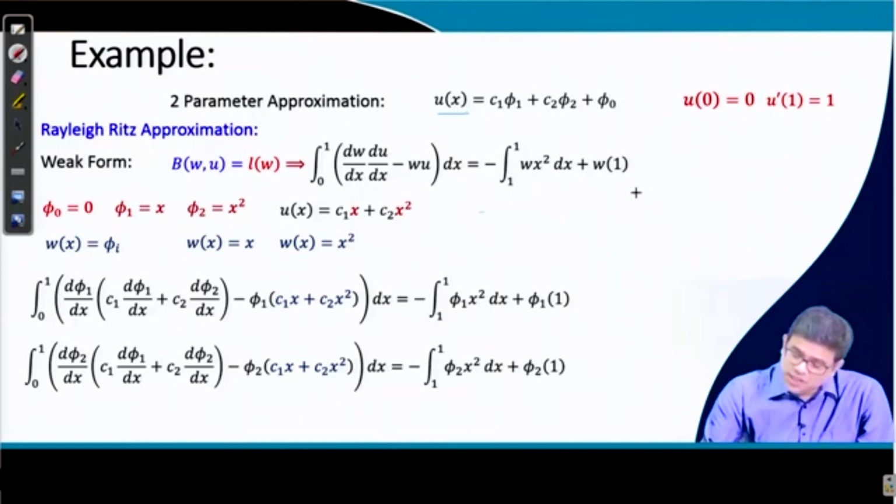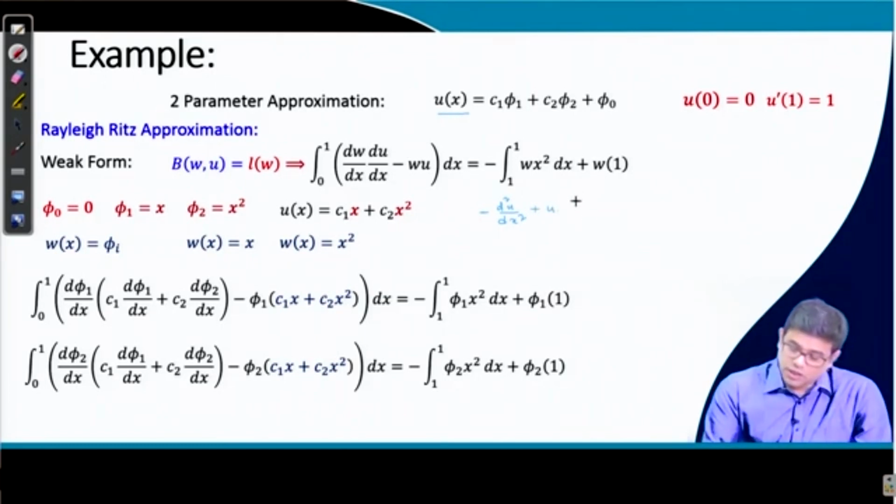So our differential equation was this: minus d2u/dx2, and then plus x square.